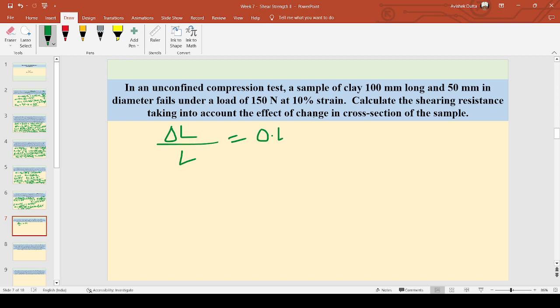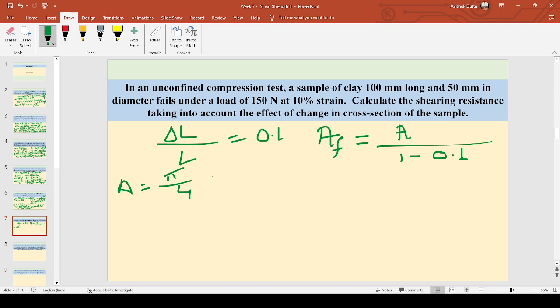So the change in cross section of the sample, meaning the area at failure, will be equal to the original area of cross section divided by 1 minus the strain. What is the original area of cross section? Pi by 4 d square.